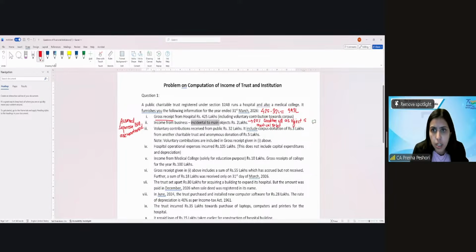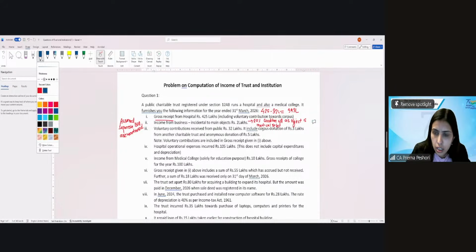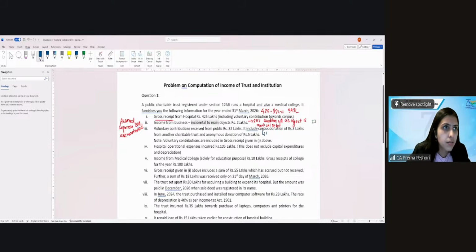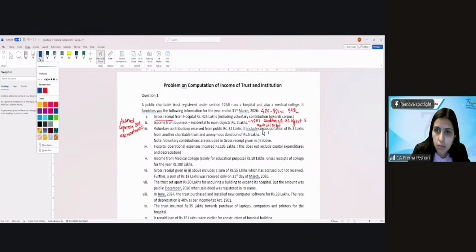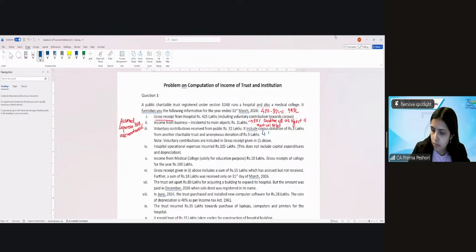This is my income. It includes the corpus donation of 3 lakh. So I will exclude the corpus donation. This is exempt.